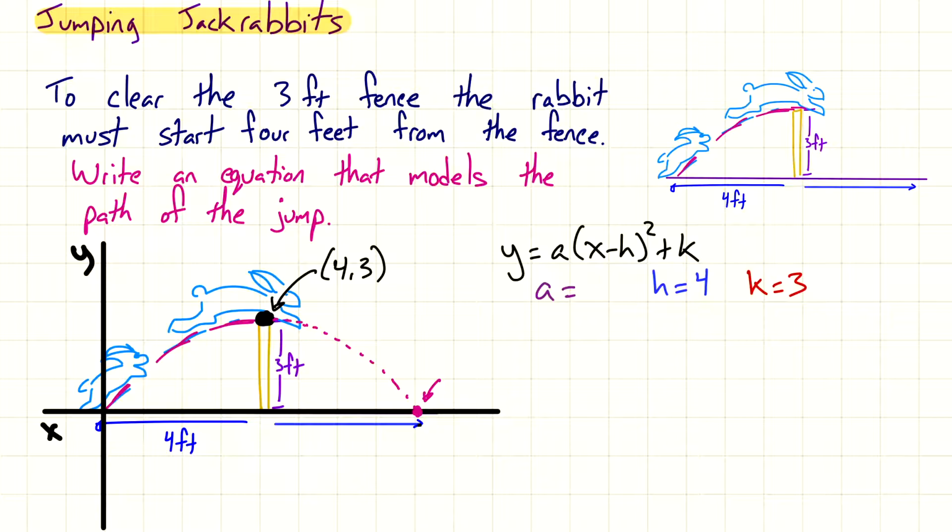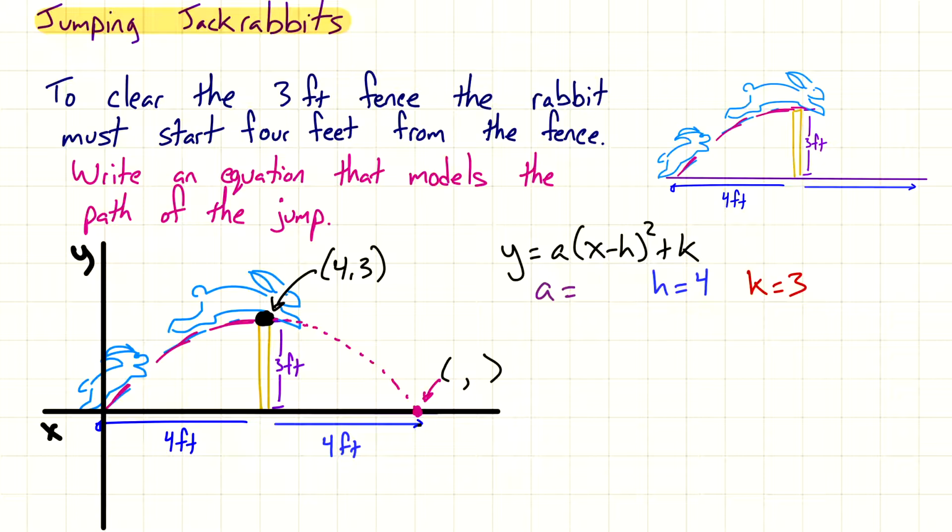We could assume that there's going to be another 4 feet away from the fence. And so the question to you is, do we know where it's going to land? What's the coordinate of this landing point?